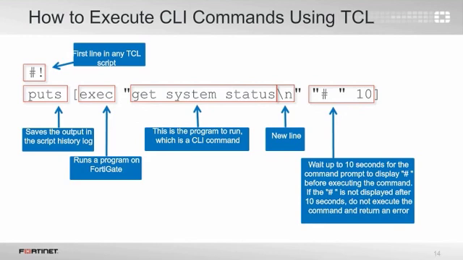The CLI command executes only if the TCL interpreter gets the pound from the FortiGate command prompt within 10 seconds. If this is not the case, the CLI command is not executed, and the script generates an error. The output of the CLI command is saved to the FortiManager script history log using the TCL command puts.